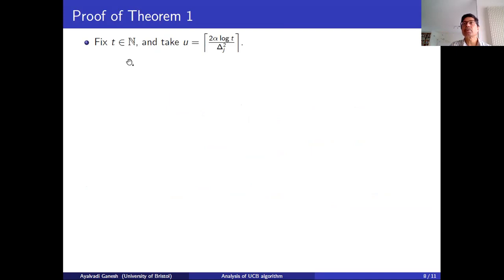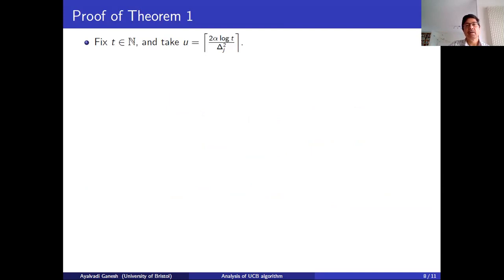Okay, so let's start on the proof. Let's fix some time horizon t, and we are going to define u in this way as the ceiling of 2 alpha log t over delta j squared. These symbols around it say we take the smallest integer bigger than this. So if you calculate this and it turns out to be 7.3, u is going to be 8.